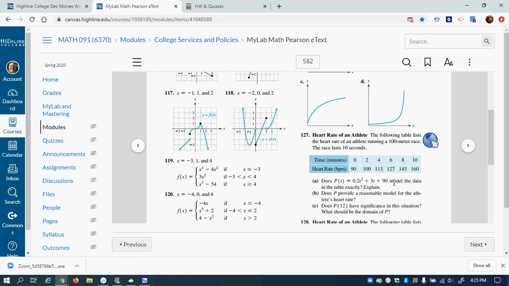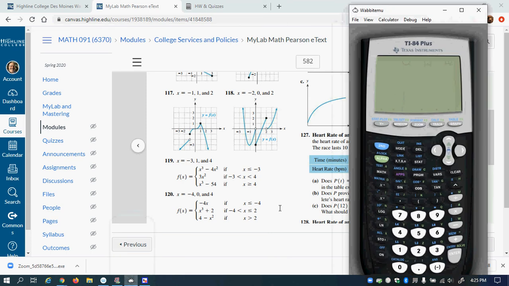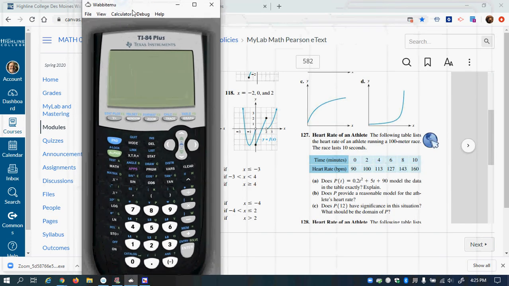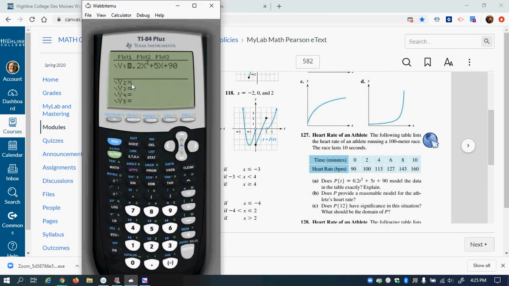Then they give us the equation, and they want to know, does this equation model the table exactly? Well, I went and did the calculator. I put it in already, the 0.2x squared plus 5x plus 90. And when I did second table, I compared, and yeah, the first one works, 90.